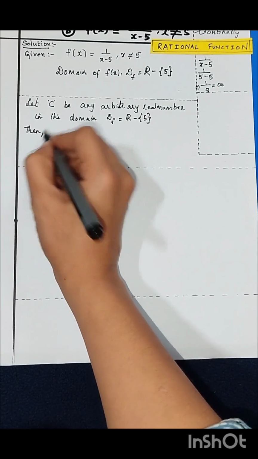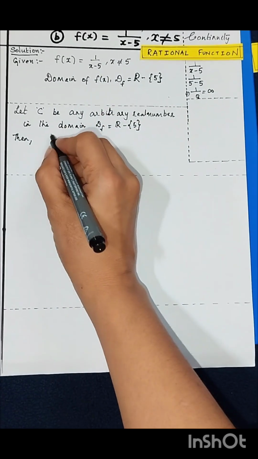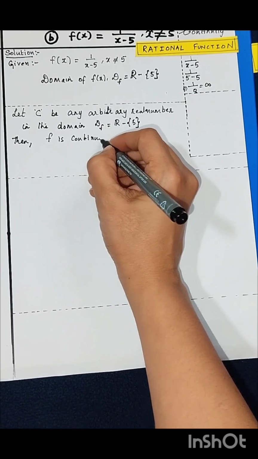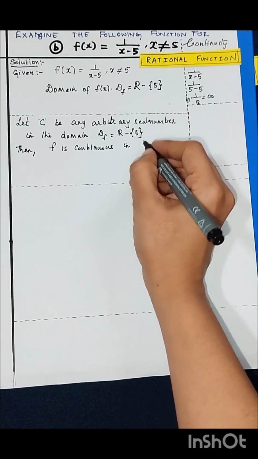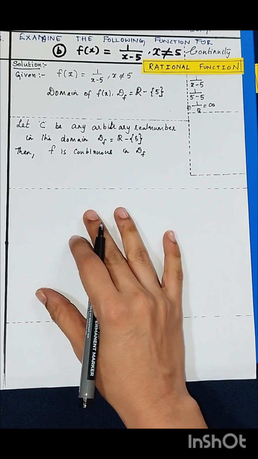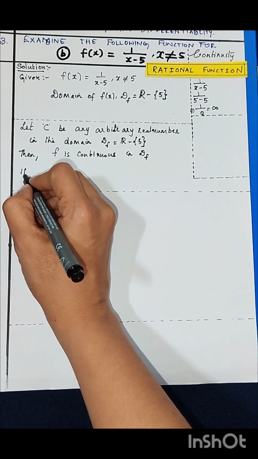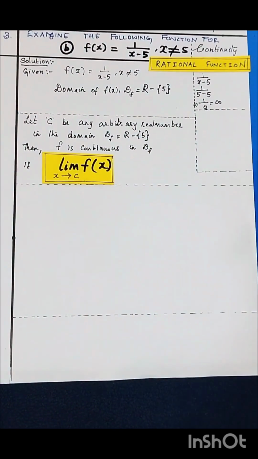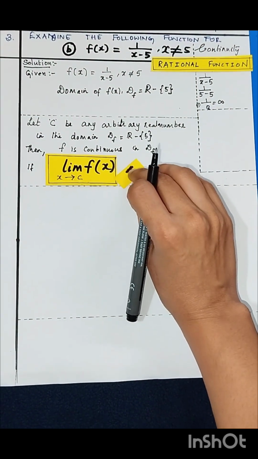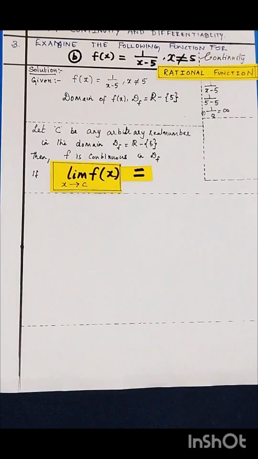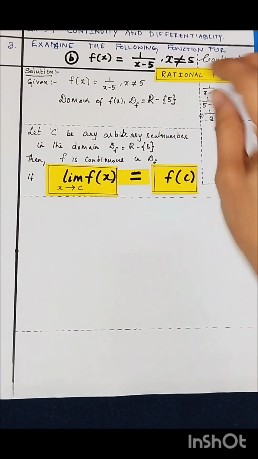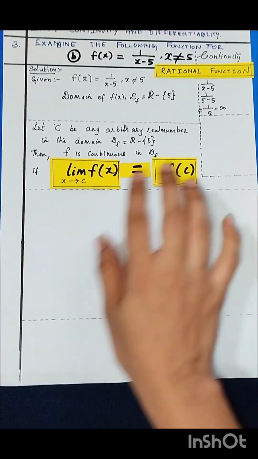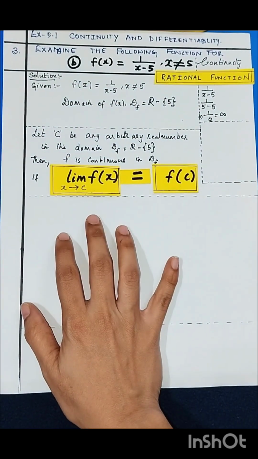Then this function f is continuous in the domain D f if, when limit x approaches c, f of x is equal to f of c. So when the limit value is equal to the functional value, then we say that this function is continuous.